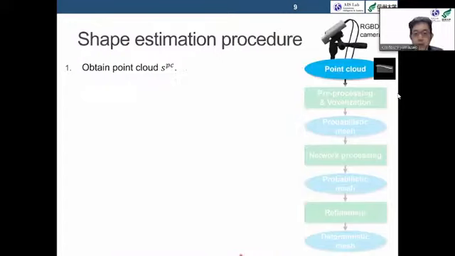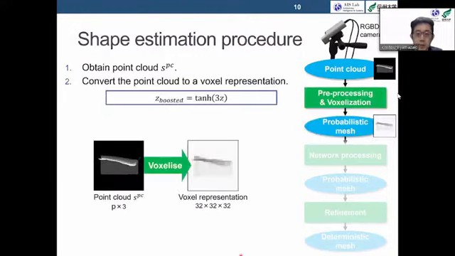First, we obtain 3D point cloud data, S_PC, from the sensor. Then, we convert the point cloud into a voxel representation. At this time, we boost Z coordinates to capture more fine height detail, such as cloth wrinkles.